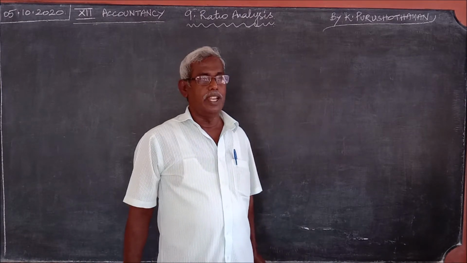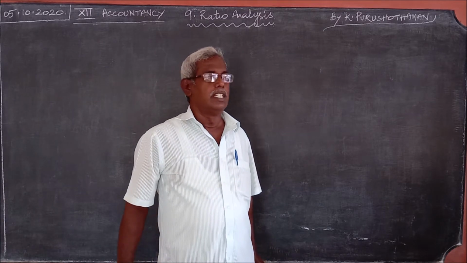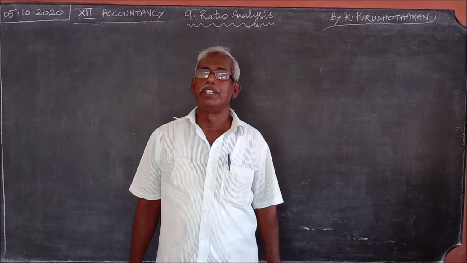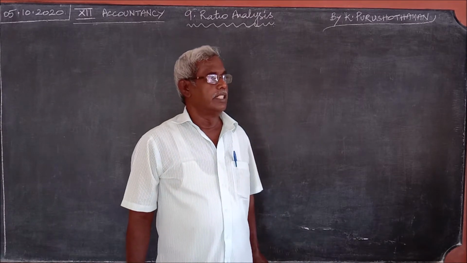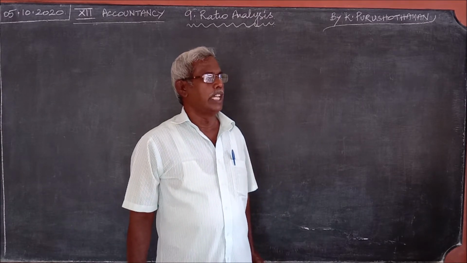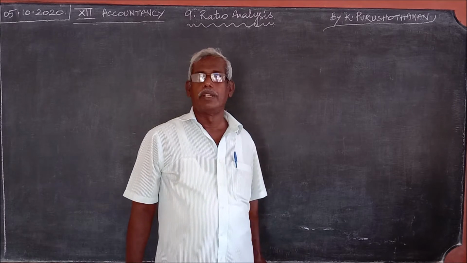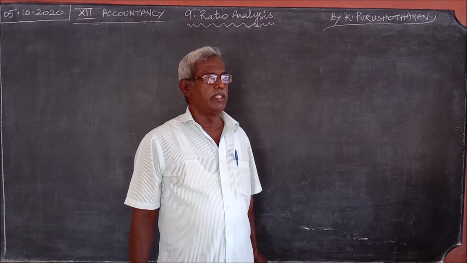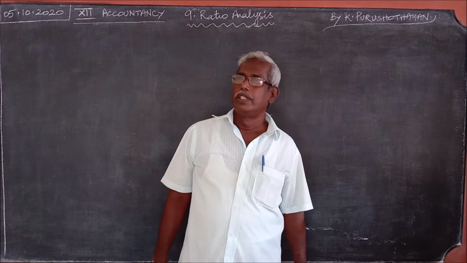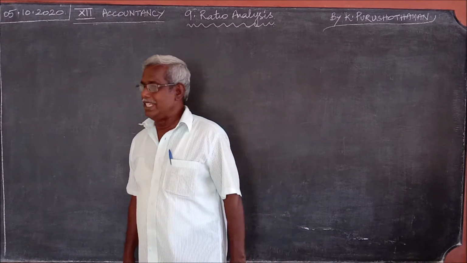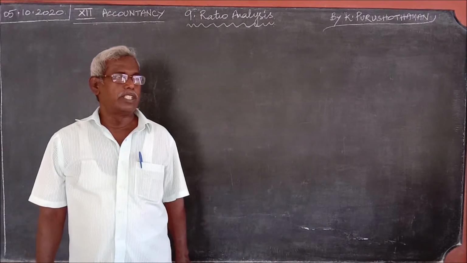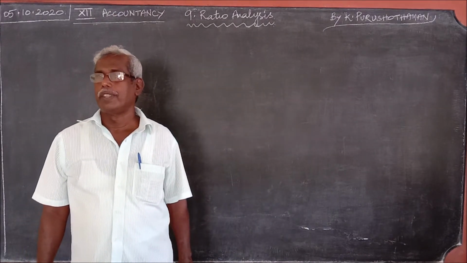In the last class we have seen how to analyze the financial statements, and there were 5 methods. One, comparative statement analysis. Second, common size statement analysis. Third, trend analysis.